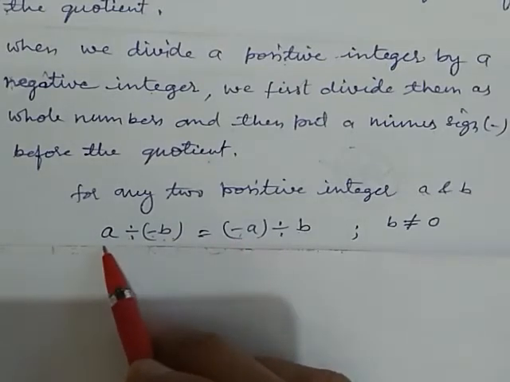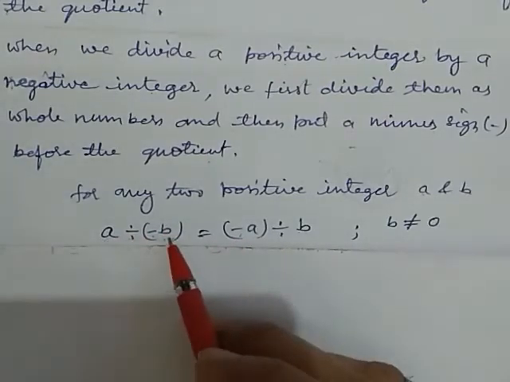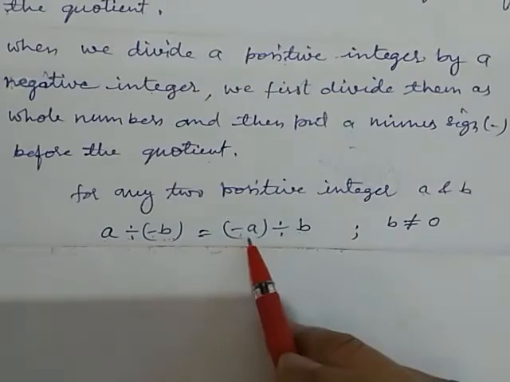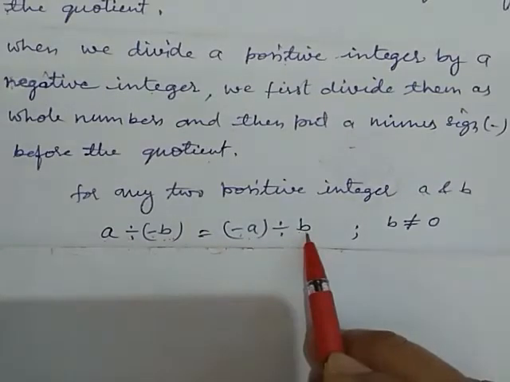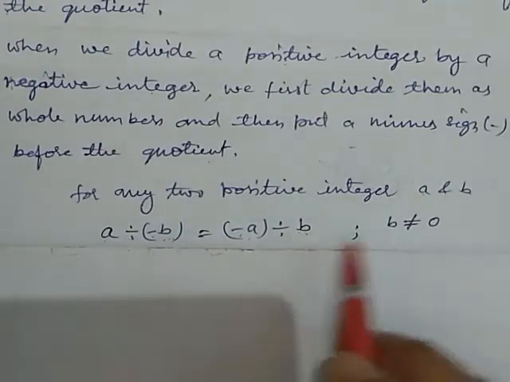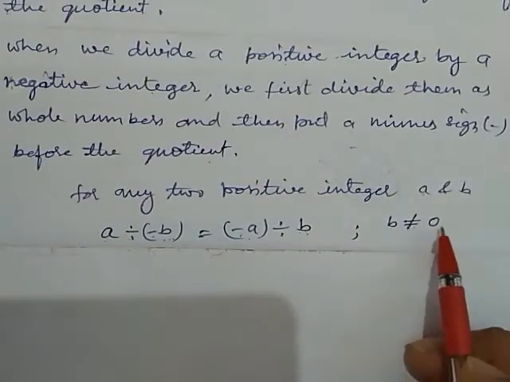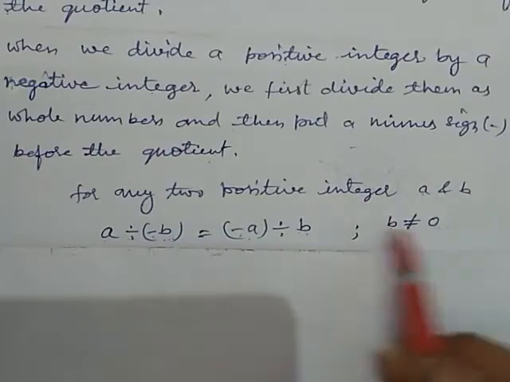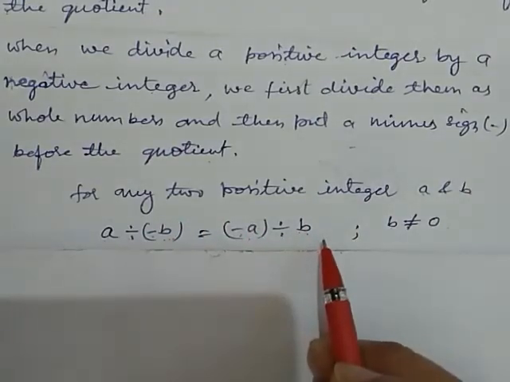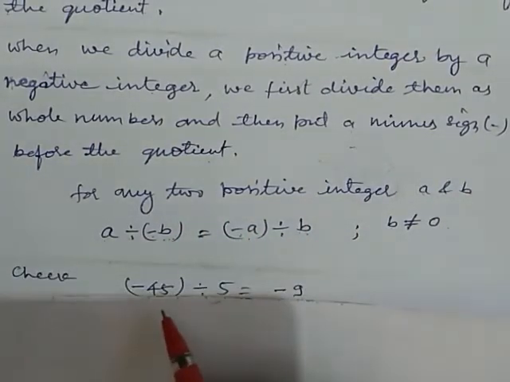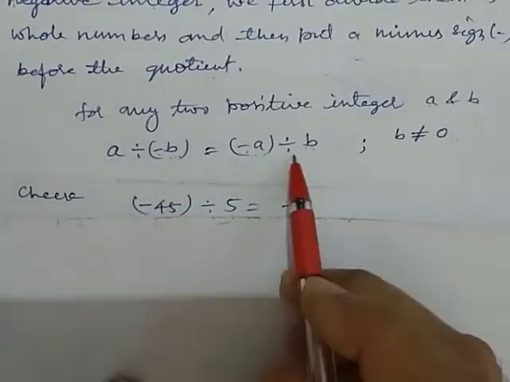So it means if a positive number is divided by a negative integer or a negative integer is divided by a positive number, the procedure is the same, but keep one thing in mind: b is not equal to 0. If b equals 0, then this becomes an indeterminate form. Let's check this rule.